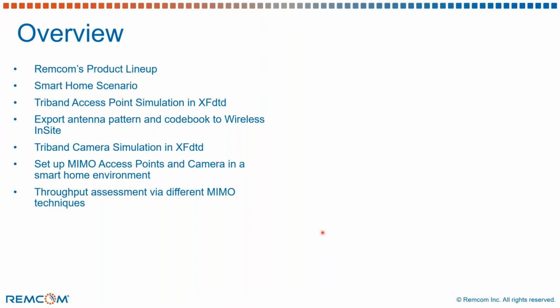Following that, we'll be looking into a tri-band access point simulation in XFdtd using our array optimization feature. After that, we'll be exporting the antenna pattern along with its codebook, the different phasing for antenna arrays, into Wireless InSite, and also a camera, the user device which we'll be using in the smart home scenario.